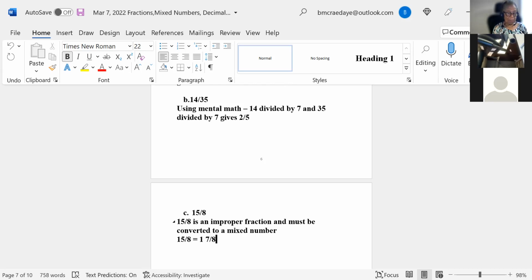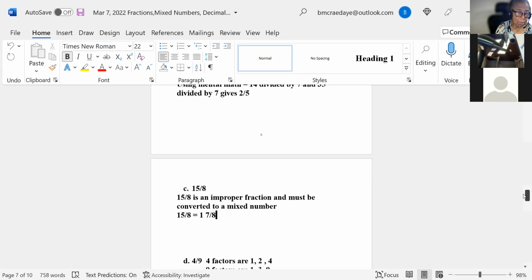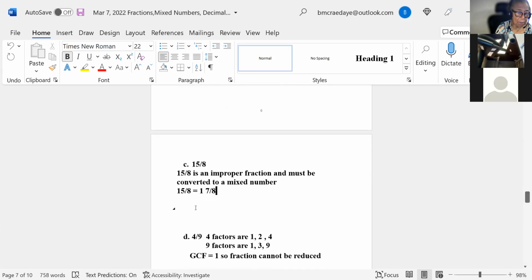Because 15 divided by 8 is 1, and then you have a remainder of 7, and that 7 you put over the denominator, so 7 over 8. That would be the answer. Okay, Maureen, you have a really good handle on that.